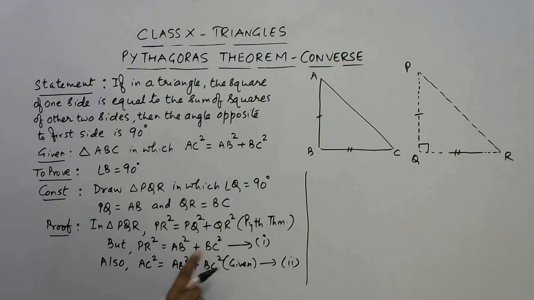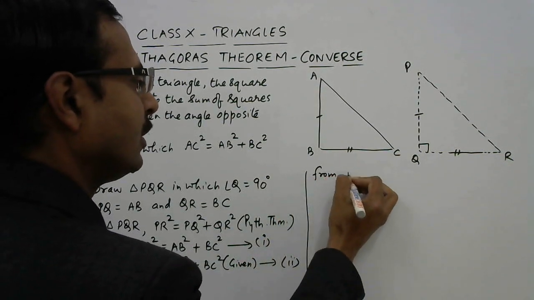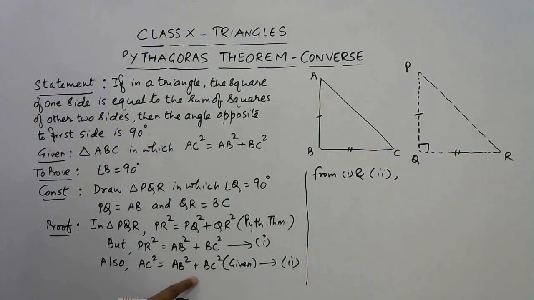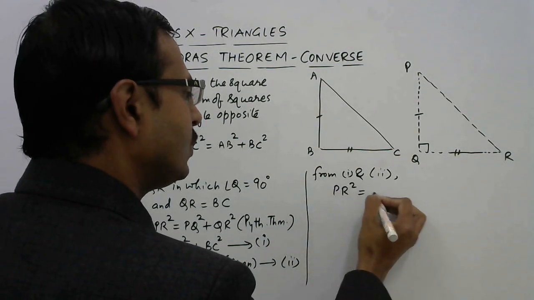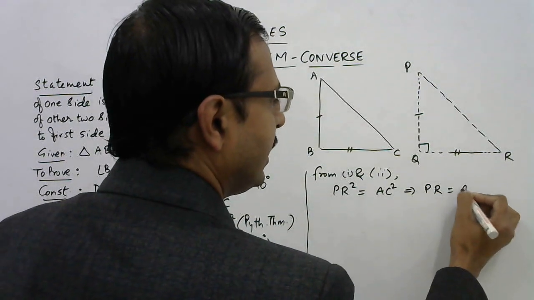See the RHS of these two equations: here we have AB square plus BC square, and here also AB square plus BC square. So from 1 and 2, since the RHS of these two equations are equal, I can equate the left hand sides also. So PR square becomes equal to AC square. That gives PR equal to AC.